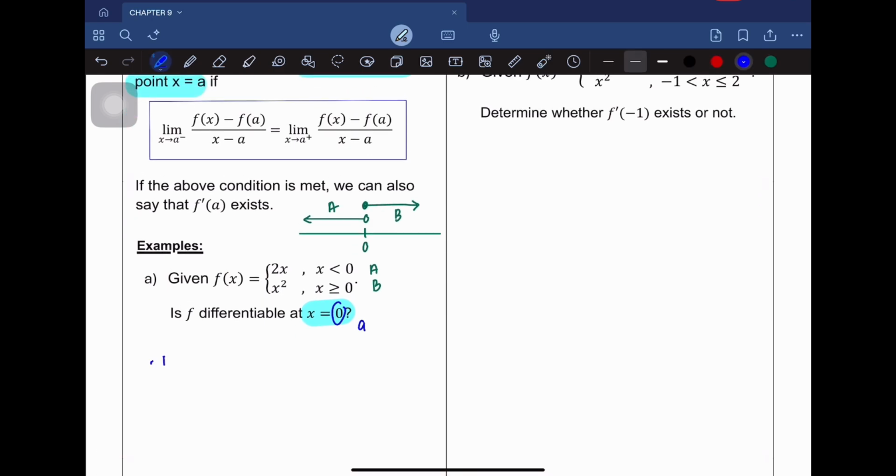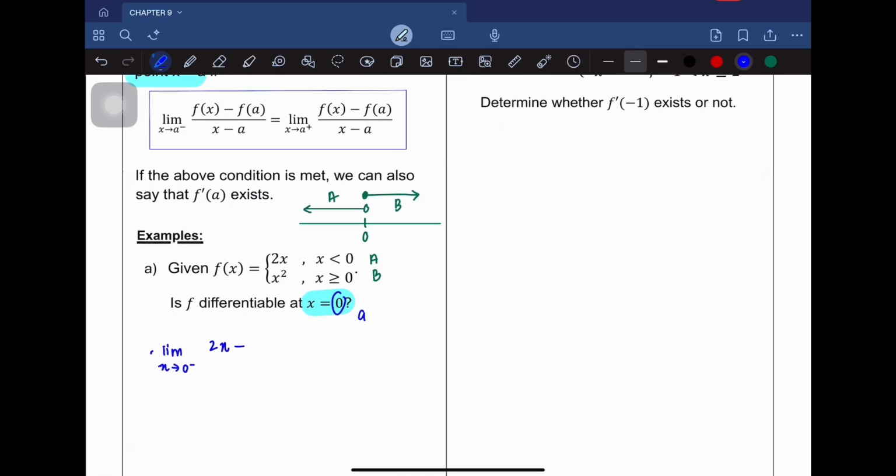Okay, so we are going to start from left hand side, meaning kita akan check whether dia approach 0, what the constant when the limit approaching 0 daripada kiri. So daripada kiri, looking at your number line, daripada kiri this is your function A. Okay, maksudnya kita akan pakai this one f as our fx. Okay, so formula dia fx tolak fa. So fx kita 2x tolak 2a. 2a maksudnya fa maksudnya kita akan masukkan nilai a kita dalam function fx kita.